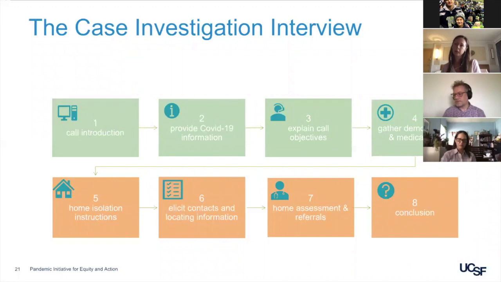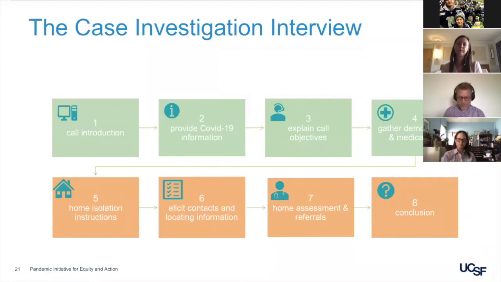I'm seeing a question: is there ever a case and contact call conducted as one when both are in the same household? Generally, you would still go through 2 different scripts. If you were first talking with the case, you will go through this script of the case investigation interview.